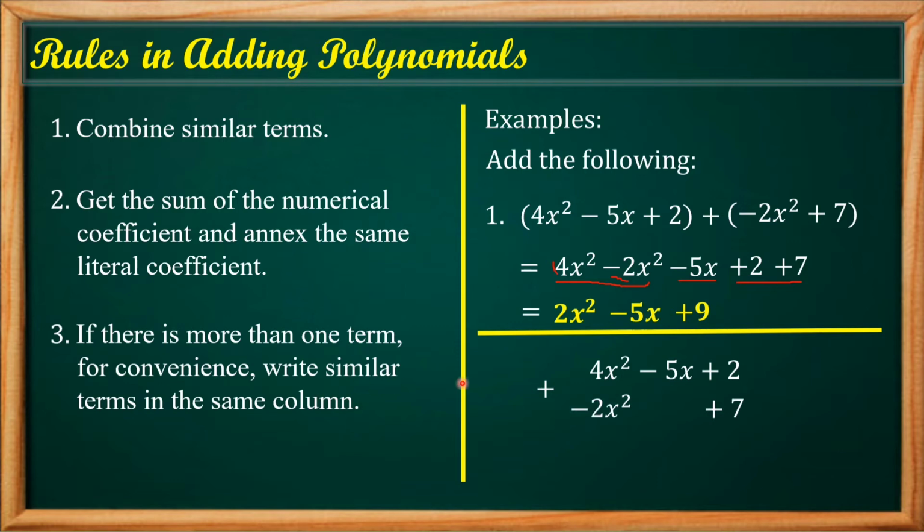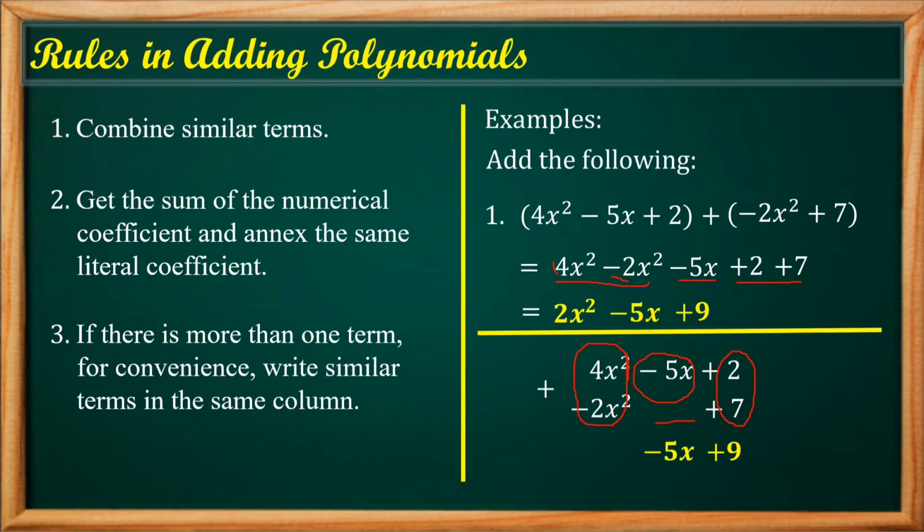Ano yung magka-same column dito? Si 2 at saka 7, the same column sila. Si 5x nag-iisa, kaya wala ditong number sa baba. Next, si 4x squared at saka si 2x squared, they have the same column because they are similar terms.